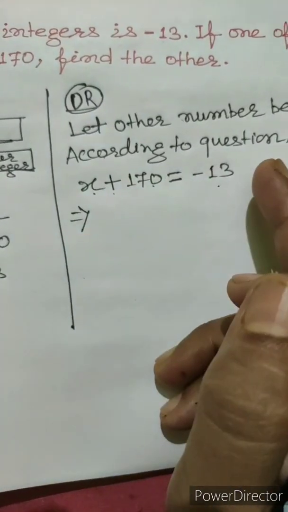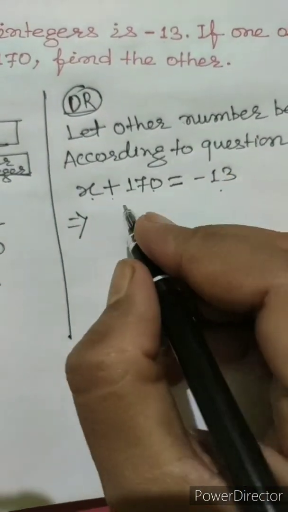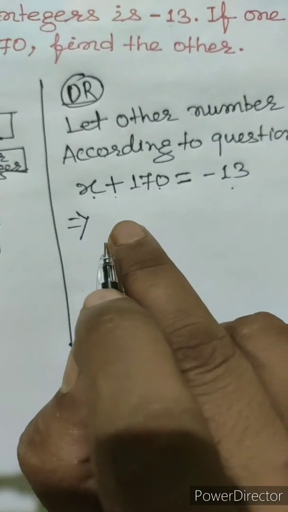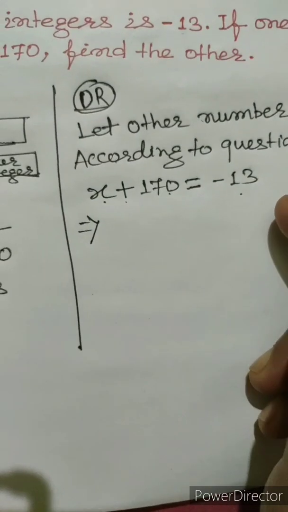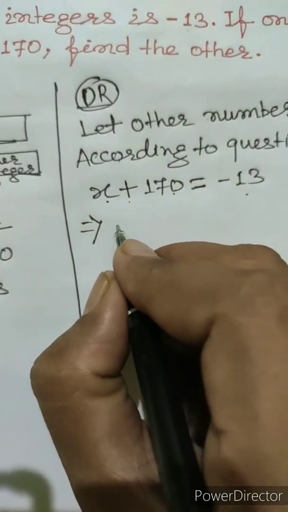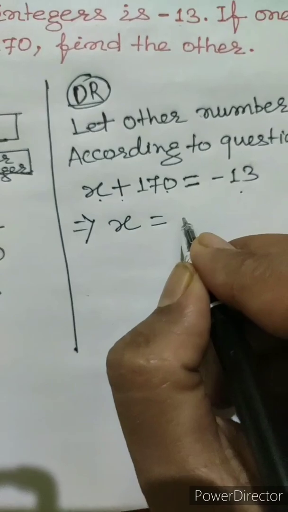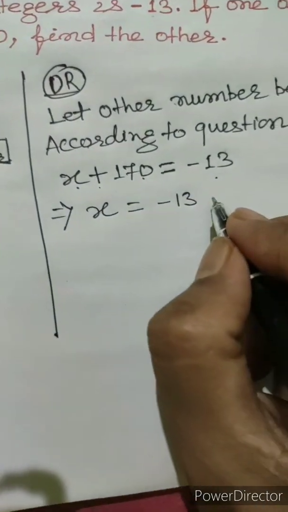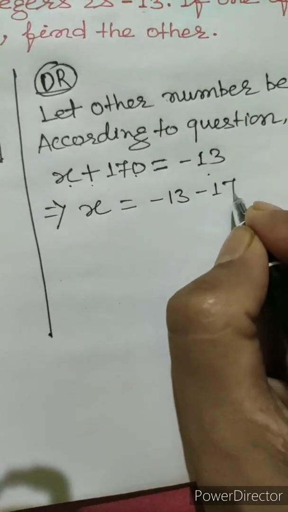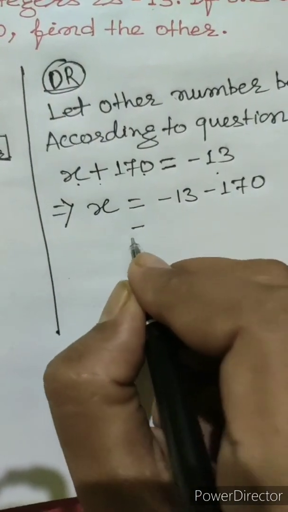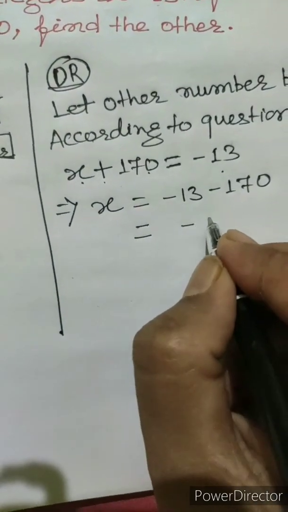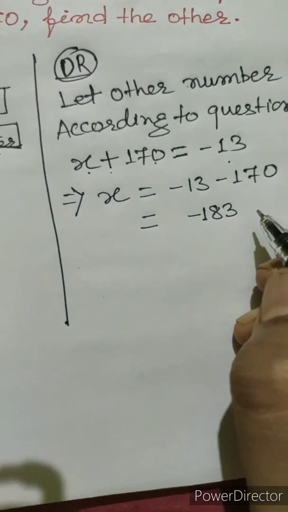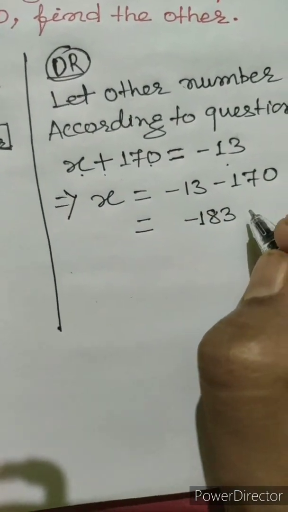If multiply, then divide. And if divide, then multiply. So here plus 170, when you send it to the RHS side, will be minus. So x equals minus 13 minus 170, which equals minus 183. Okay, this is the answer.